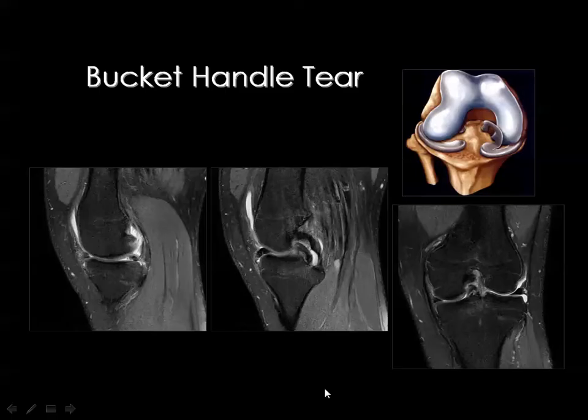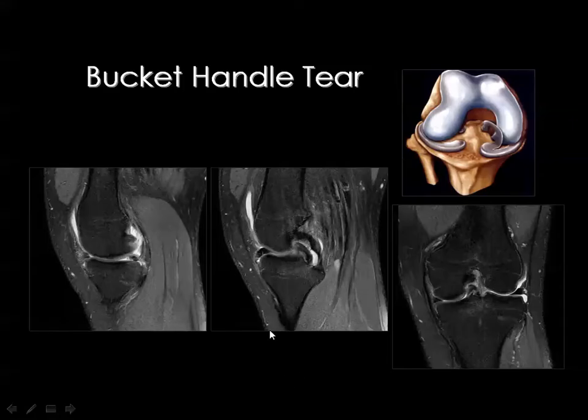Then in order to diagnose the bucket handle tear, first look at the posterior horn of the medial meniscus. If it is smaller than usual, go to the level of the posterior cruciate ligament. And if you see double posterior cruciate ligament, then you are sure that this is a bucket handle tear.